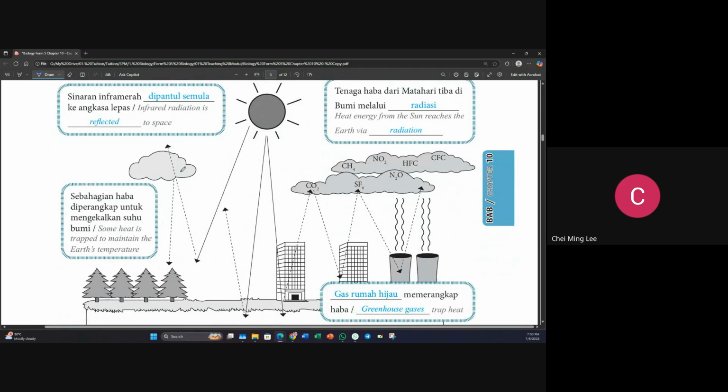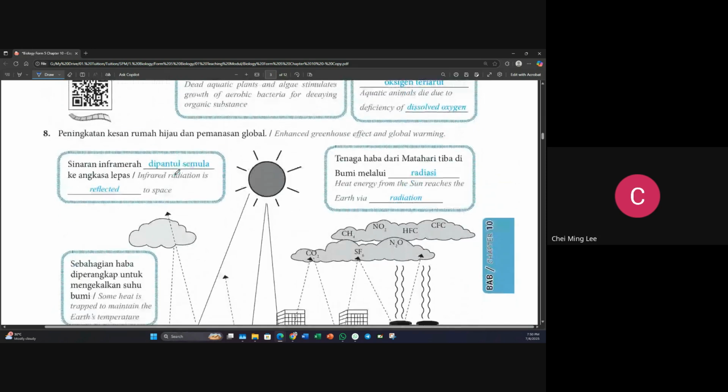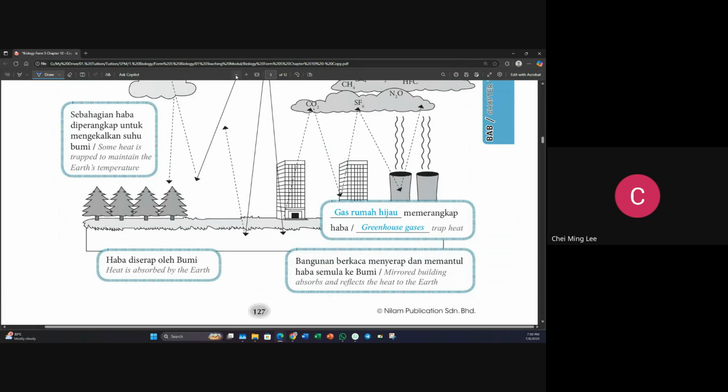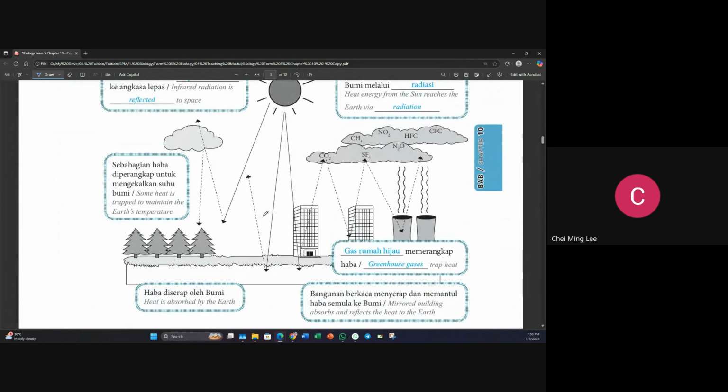greenhouse effect. Okay, in short, I have to make this smaller so that I can cover all. First, the radiation from the sun, which is infrared. The heat energy from the sun will reach the earth via radiation. Then your greenhouse gases will trap the heat.